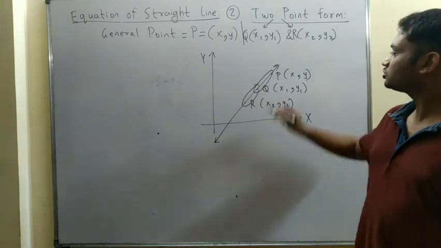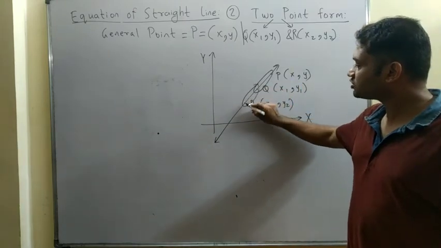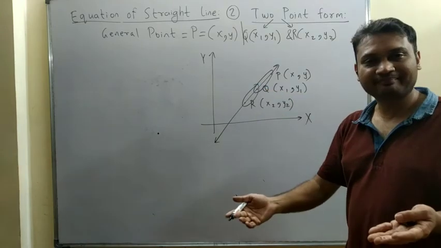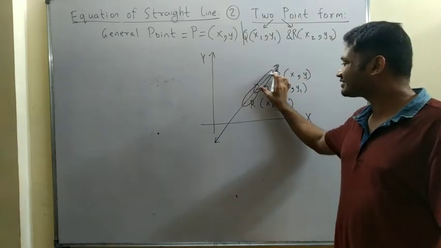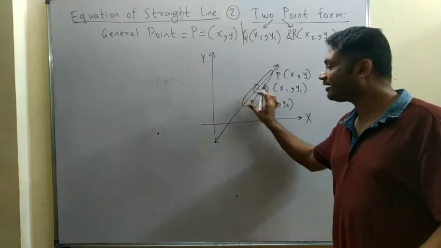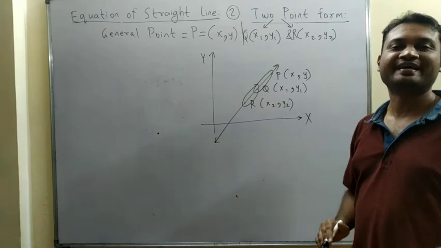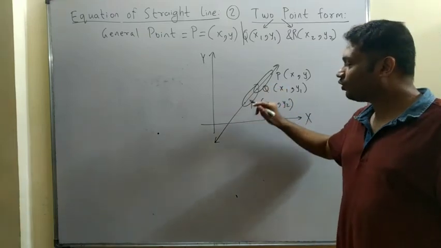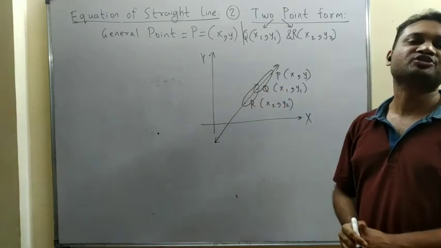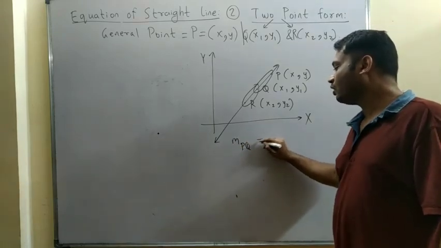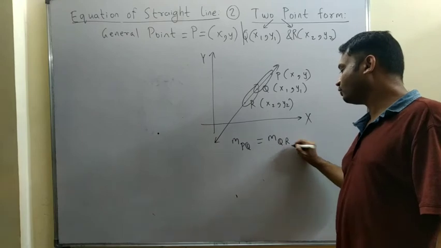Isn't it right? Because PQ lies on the same straight line, so its slope will be equal to QR, because Q and R are also lying on the same straight line. PQ and QR denote one and the same straight line. So we can say slope of PQ equals slope of QR.